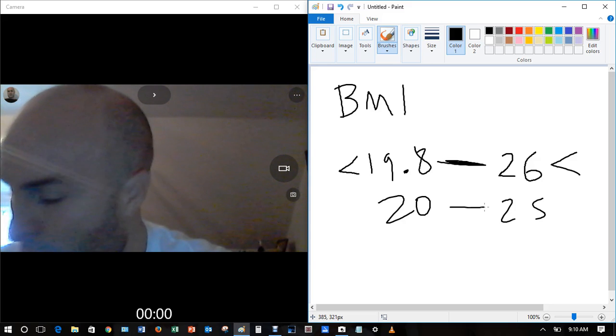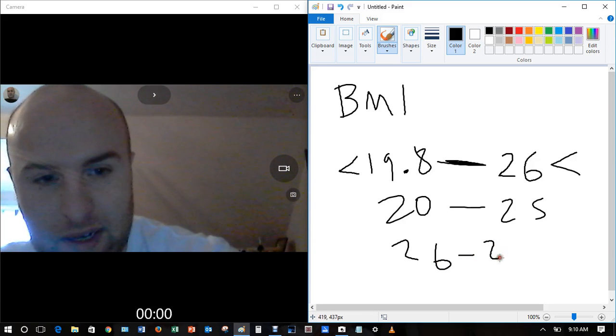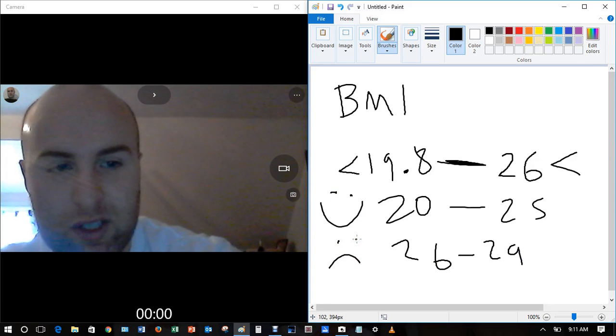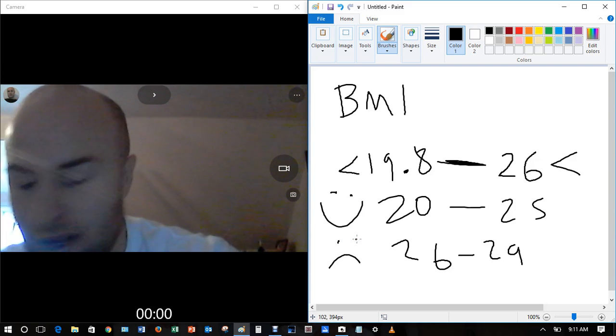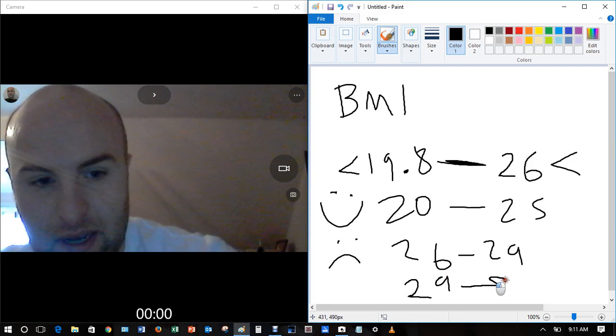You consider it overweight if it's somewhere between 26 to 29. So this is normal, this is good. This is not good, 26 to 29 BMI. And then really, really overweight is a BMI of 29 and up.